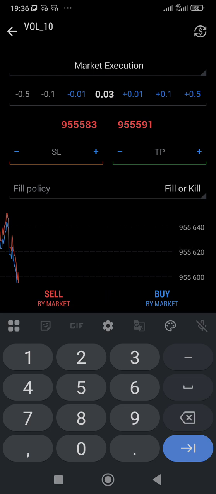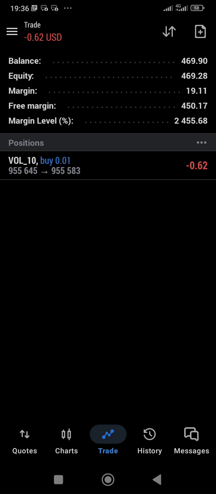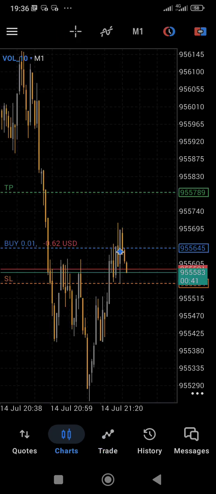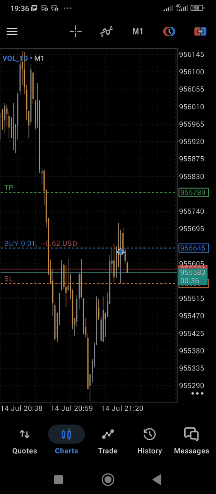So let us assume I'm buying this market again with 0.03. The network is terrible. Right now this trade is against me and it's going straight to my stop loss, and I'm not happy.